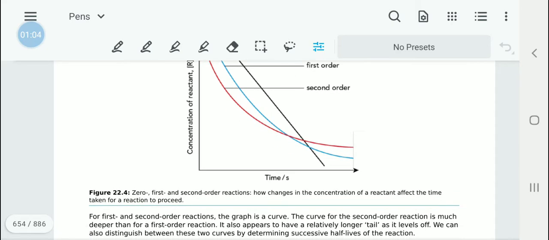So you might have to figure out the first and second order, and then you might have to look at some other method as well.